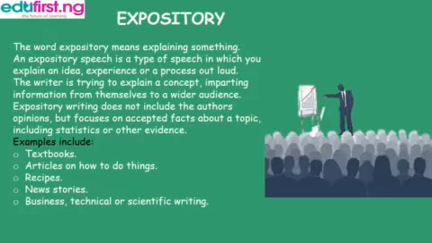Now, the writer or the speaker is trying to explain something based on facts. It is not on his own opinion, but what he has gathered over time from others. Examples include textbooks, articles on how to do things, recipes, news stories, business, technical or scientific writing.